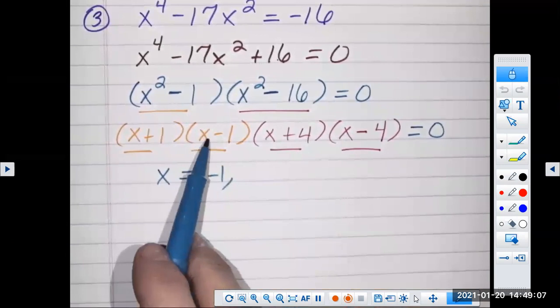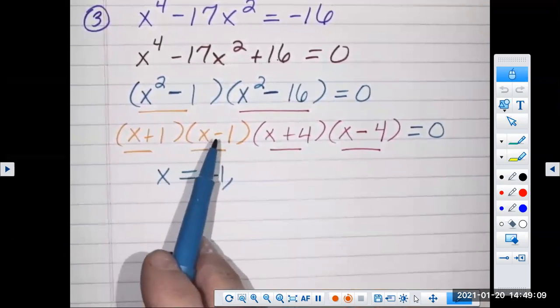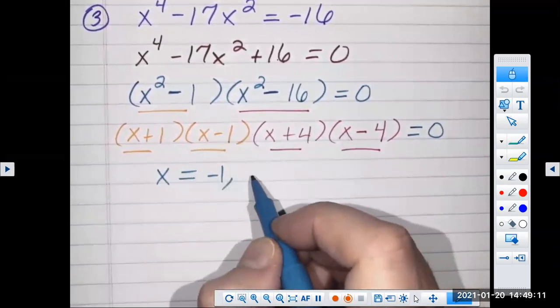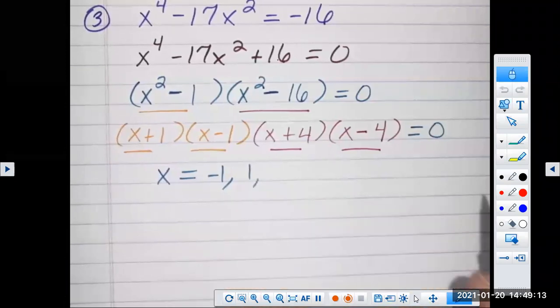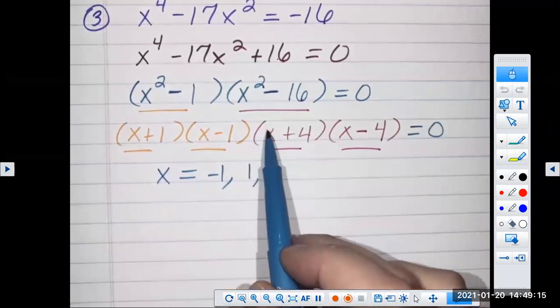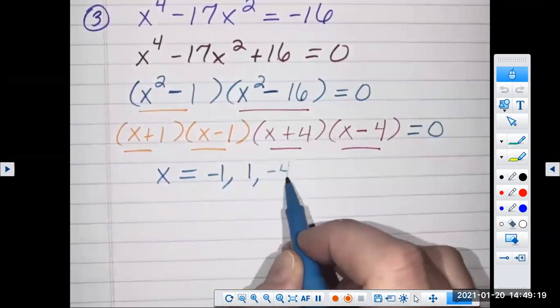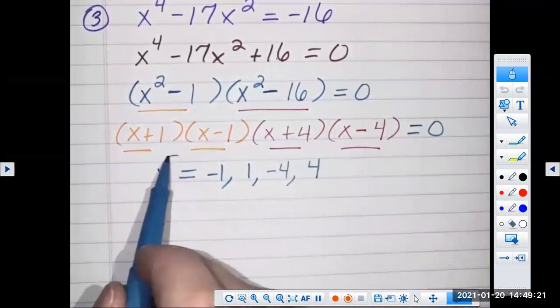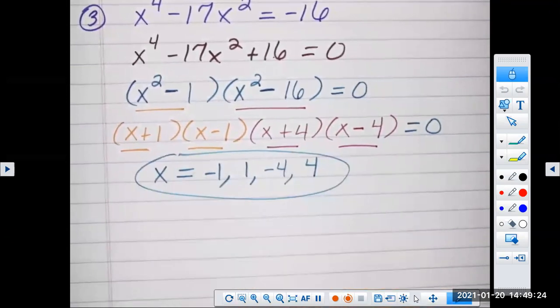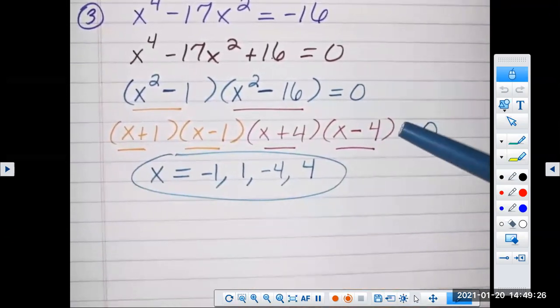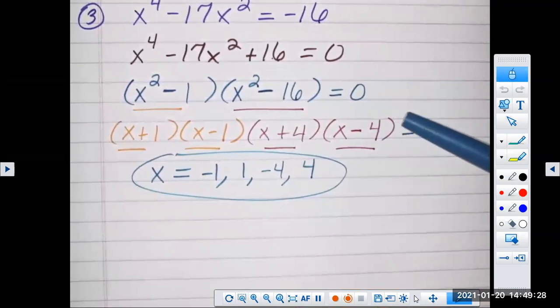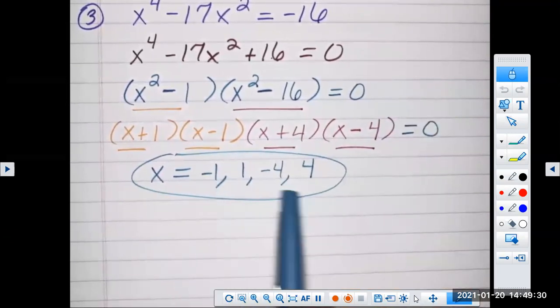What about here? What would make this 0? 1. And then what plus 4 would give you 0? -4 and then +4. So if they ask you to factor it, you would be done at this line. If they ask you to solve it, you type in those values.